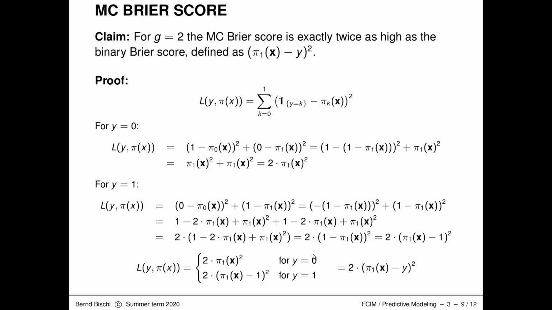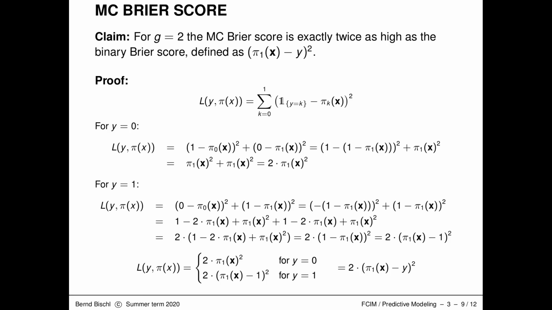Now, a little technical comment here, just in order to avoid confusion later on if you do practical experiments with these Brier scores. If you compare the binary Brier score that I introduced in chapter 1 and this multi-class Brier score that I introduced in this lecture unit here, unfortunately, this multi-class Brier score is not a direct generalization of the binary case.